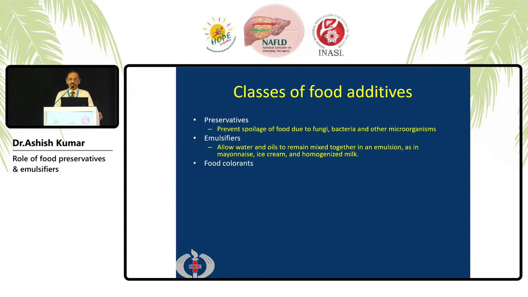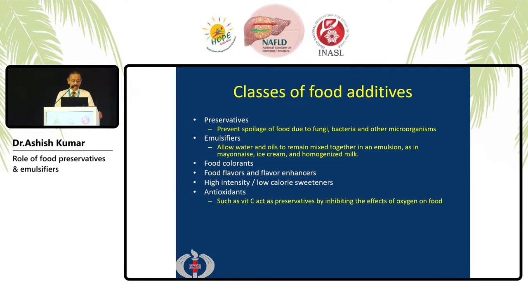Then there are food colorants, which, as the name indicates, color the food beautifully. Then food flavors and flavor enhancers are there, as the name indicates. Then there are high intensity, low calorie sweeteners. Then there are certain antioxidants which are added as food additives. These are vitamin C and other additives which inhibit the effect of oxygen on food, so they prevent the food from getting rancid.